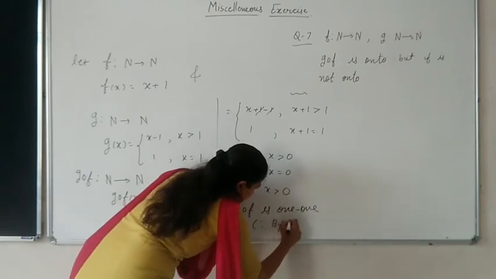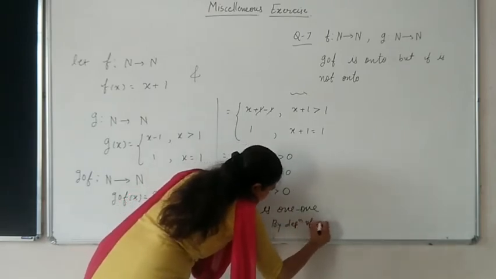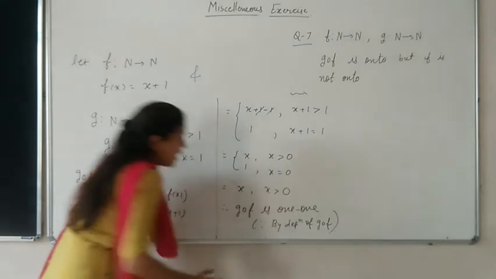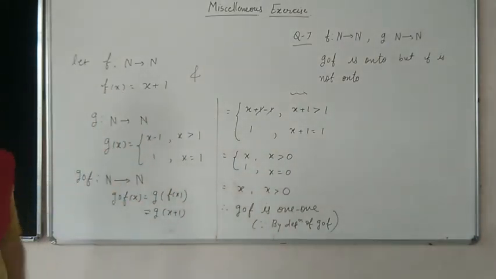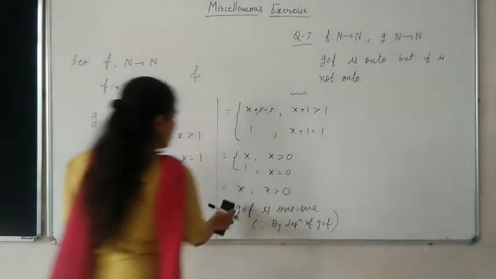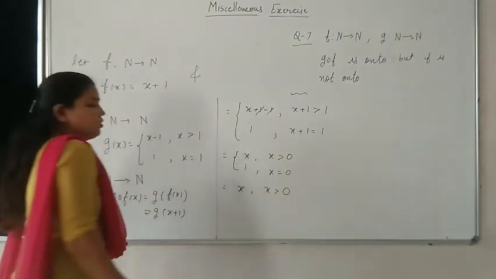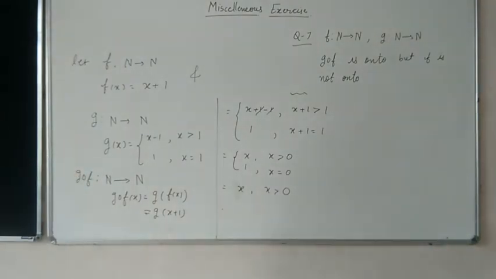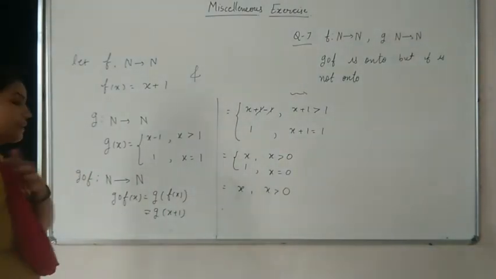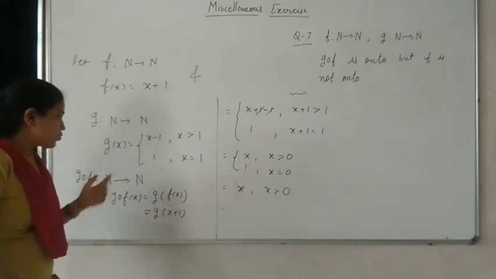Reason: by definition of g composition f. So here the function is, sorry, it is not one-one, we have to show it is onto. So for ontoness, we have to show that the codomain is equal to the range.